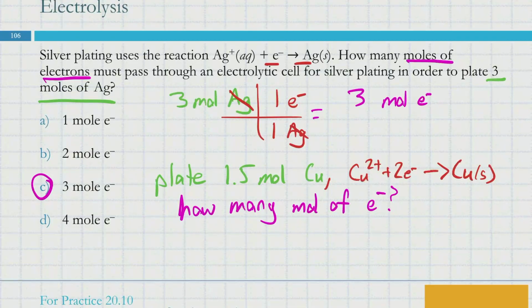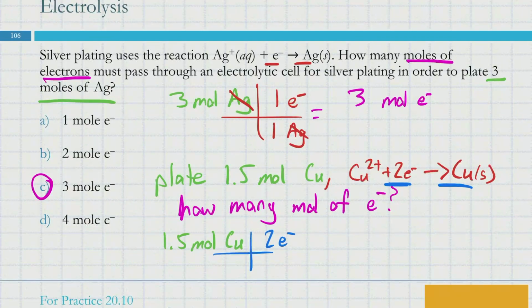We've got to guess for 3. So we're going to be starting with our 1.5 moles copper. And we need our relationship between copper and electrons, the thing that we're trying to change to. Our ratio is 2 to 1, 2 electrons for every 1 copper.